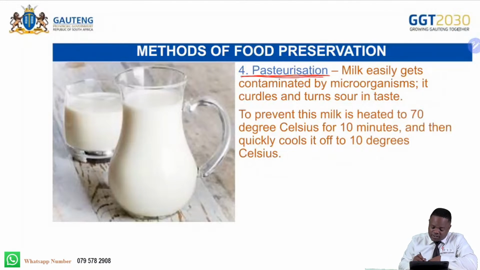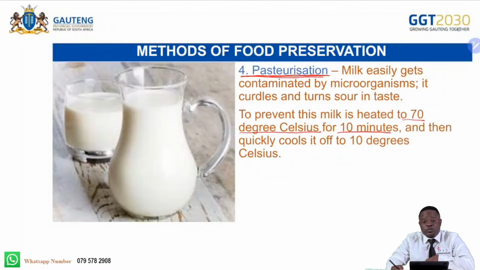Pasteurization involves heating food. For example, let's say it is milk, you heat it to 70 degrees Celsius for about 10 minutes, and then you quickly cool it to about 10 degrees Celsius. And what do you get? You get your pasteurized milk.